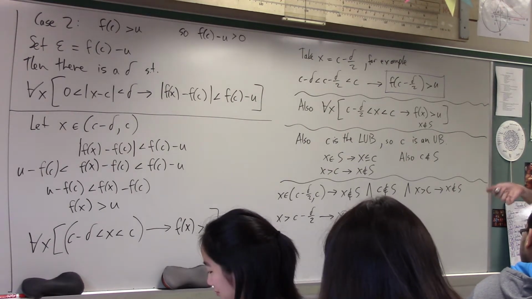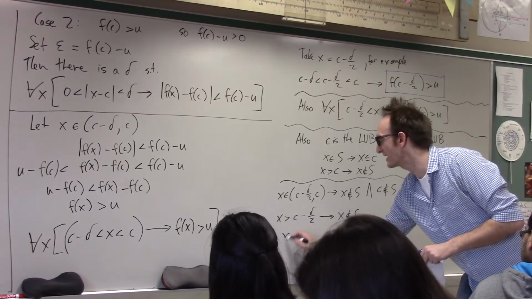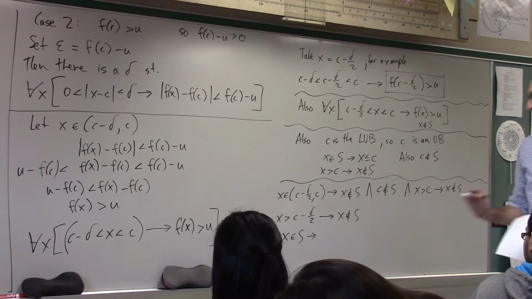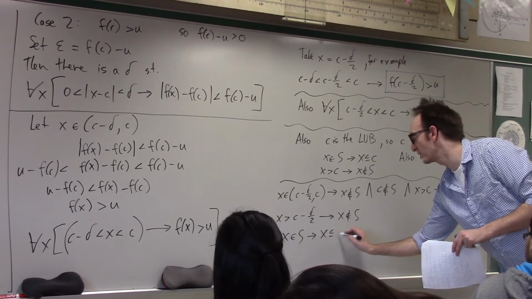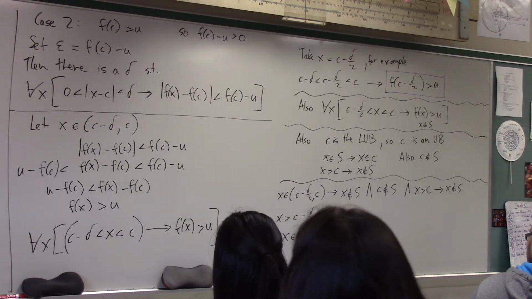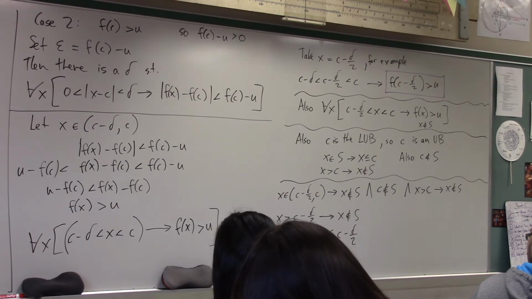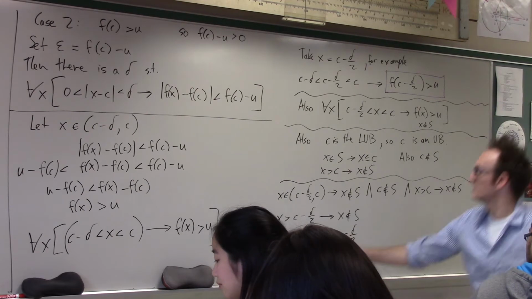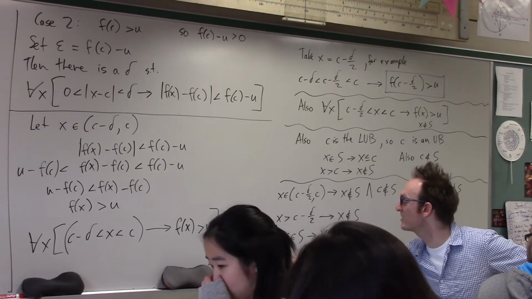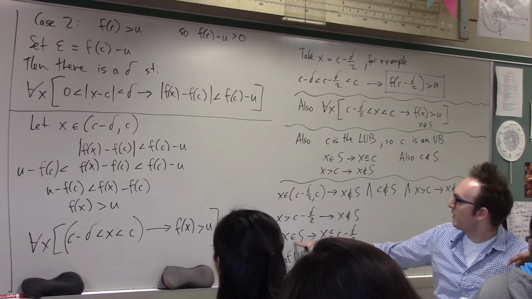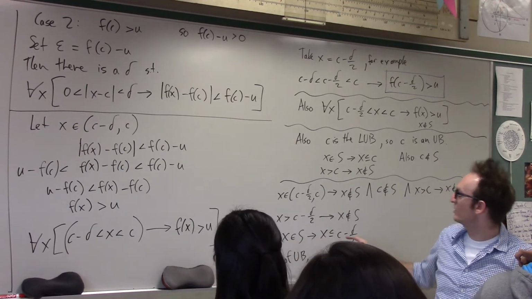Contrapositive one more time, this is how my brain works. If x is in S, then x is less than or equal to c minus delta over 2. What does that say about c minus delta over 2? It's an upper bound, by the definition of upper bound, since any number in that set is less than or equal to it.